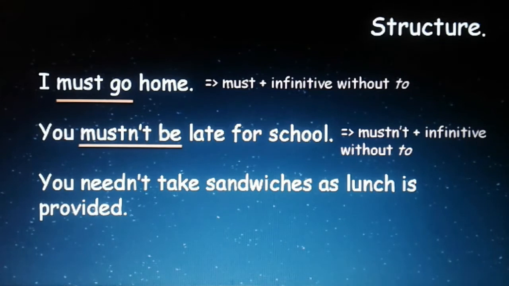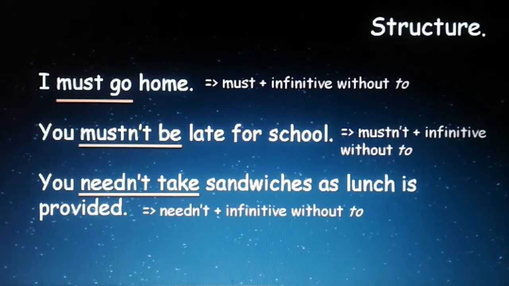Lastly, if you want to form a sentence using needn't, then you need to follow this rule. Needn't and then followed by infinitive without to. So take here is an infinitive without to.